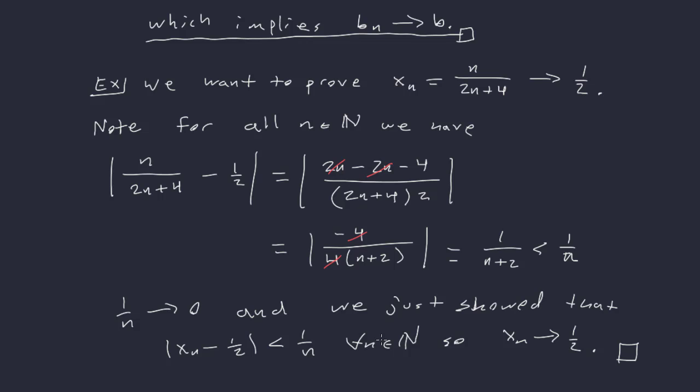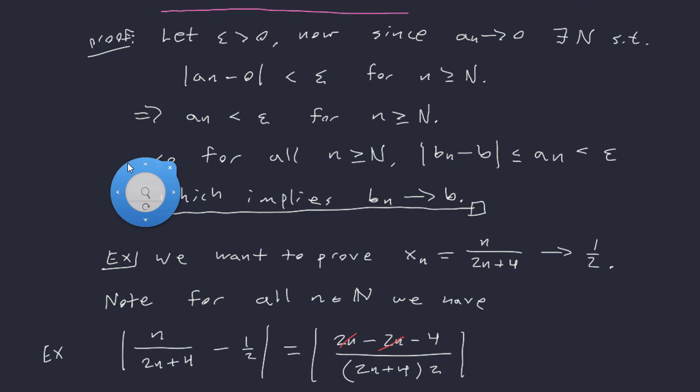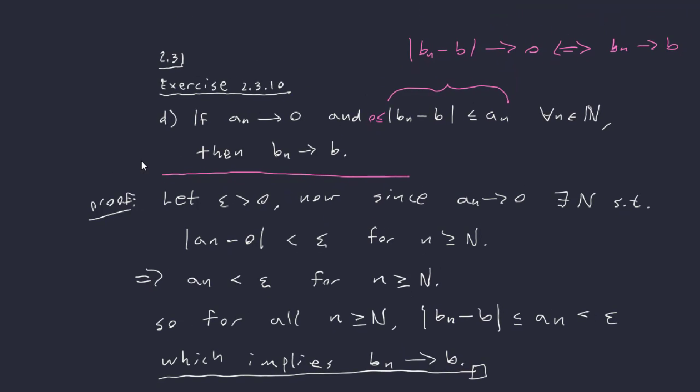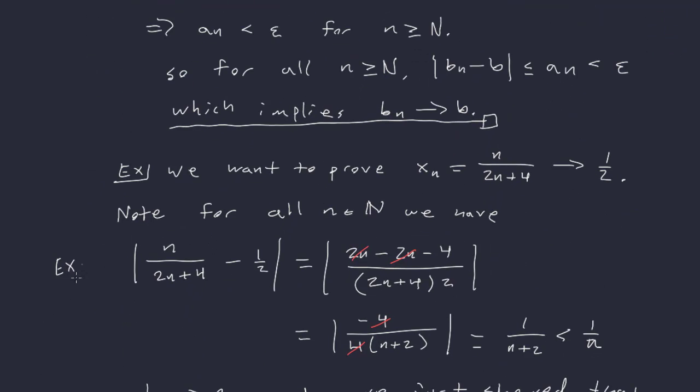Right? That is a lot nicer to deal with than trying to set up the epsilon proof. Okay, we can also use, so that's using this exercise. So this is exercise 2, let me see what it was again, 2.3.10.